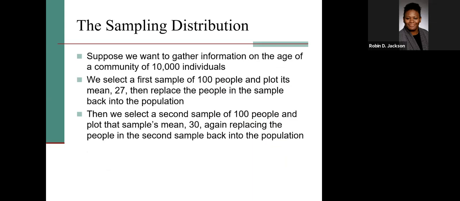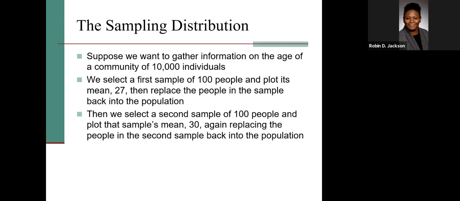Okay, so moving on, a little more information. This particular example also appears in your textbook on pages 150 through 151. It's basically giving you the steps of the sampling distribution. Like it says here, they want to gather information on the age of a community of 10,000 individuals.